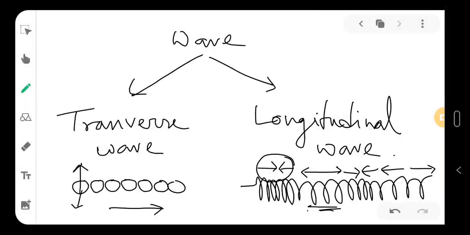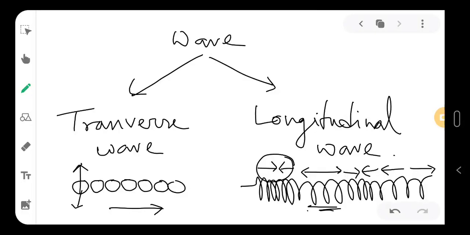As an example, we can say that electromagnetic waves, especially light, which is a part of the electromagnetic wave, is a transverse wave, whereas a longitudinal wave is nothing but your sound.